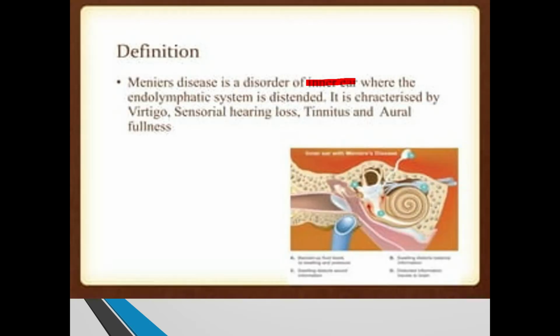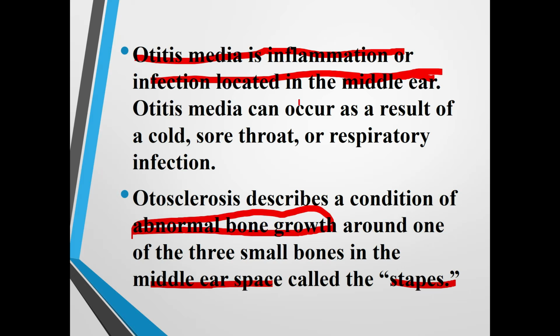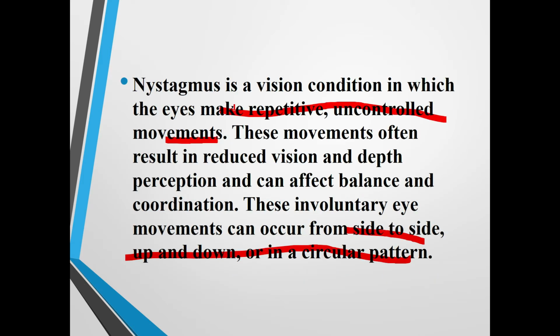So Meniere's disease is a disorder of the inner ear characterized by vertigo, sensorineural hearing loss, tinnitus and aural fullness, whereas otitis media is inflammation or infection of the middle ear, and otosclerosis is abnormal bone growth mainly affecting the stapes. And nystagmus is a repetitive uncontrolled movement of the eye.